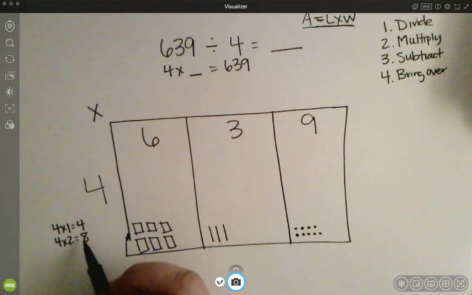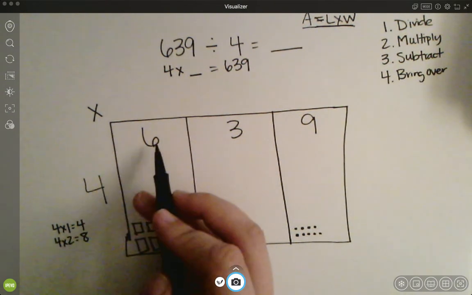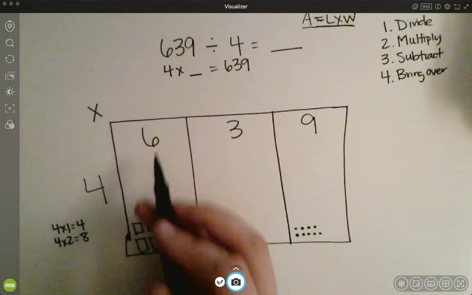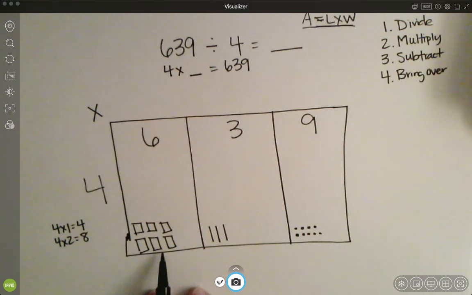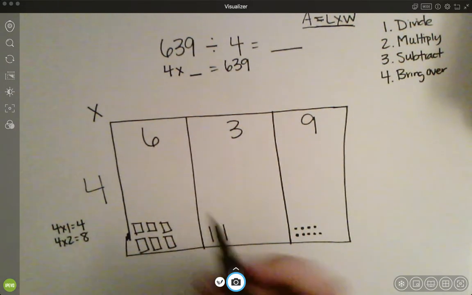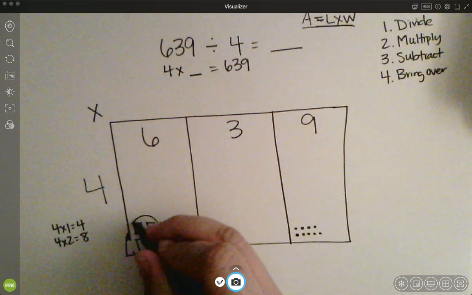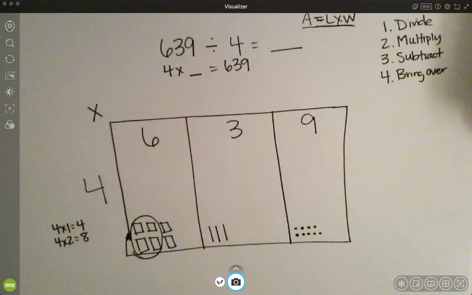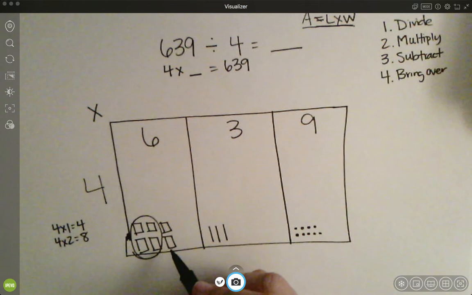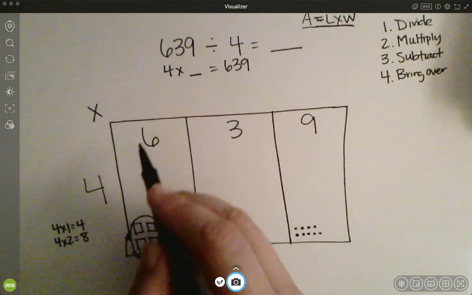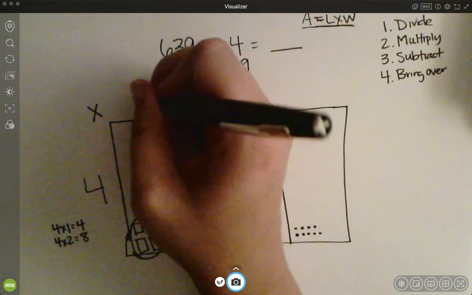I don't see a 6 there, so 2 groups, I wouldn't have enough, right? And if you're doing the picture way, you can think, how many groups of 4 can I circle? I can circle 1 group of 4, but now I only have 2. I can't circle another group of 4. So that means 6 divided by 4 would be 1.